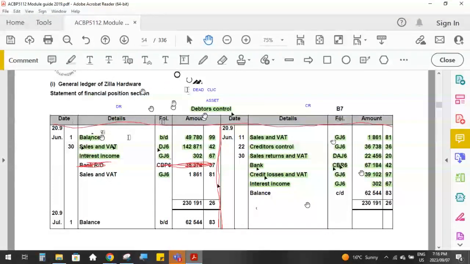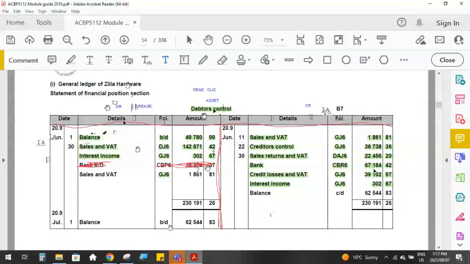Okay, so this debtors control, super important. You must make sure that you understand that it's an asset and that assets increase on the debit side and decrease on the credit side. Let me just write that.